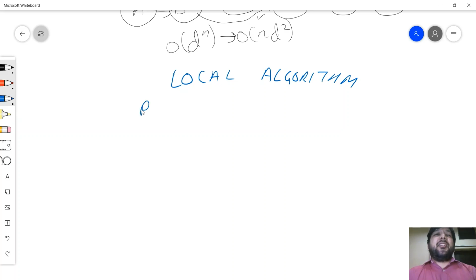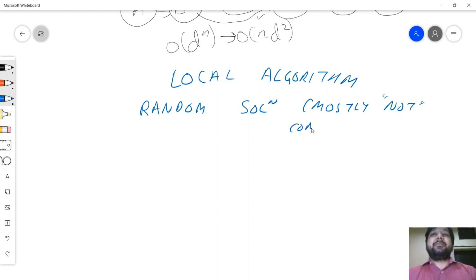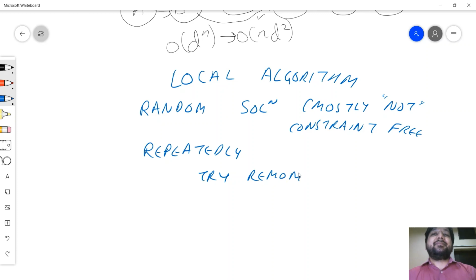So it goes upon starting with a random solution, which will mostly be not constraint free, and then you repeatedly try removing constraints till the solution is constraint free.